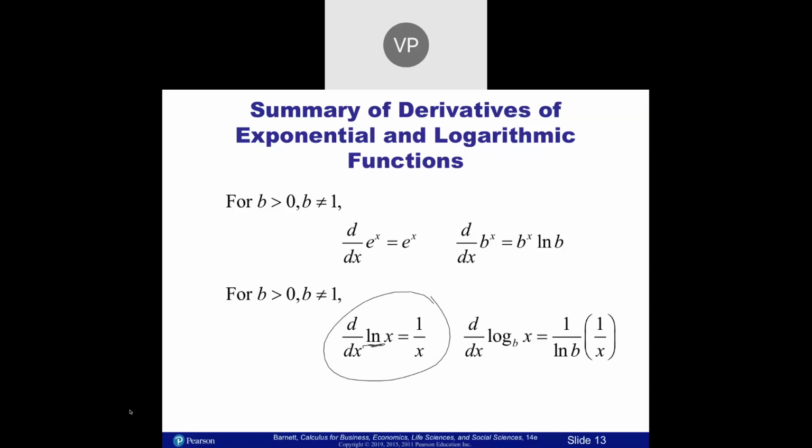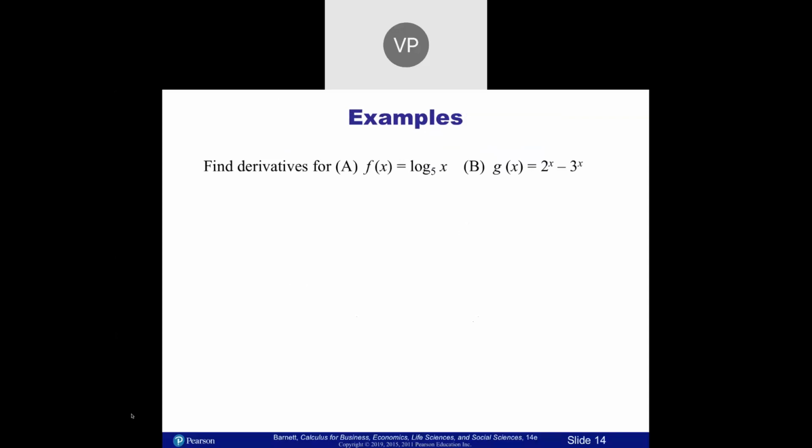If you have any other base, like this right here, the answer is still going to be 1 over x, just like we have here, but your compensation is you have to put this 1 over natural log of whatever this is. So I'm going to refer back to this formula page, slide 13. We're going to go back to this a number of times when we do the examples later and when we do the homework. So these are the 4 that you have to know for this particular homework right now.